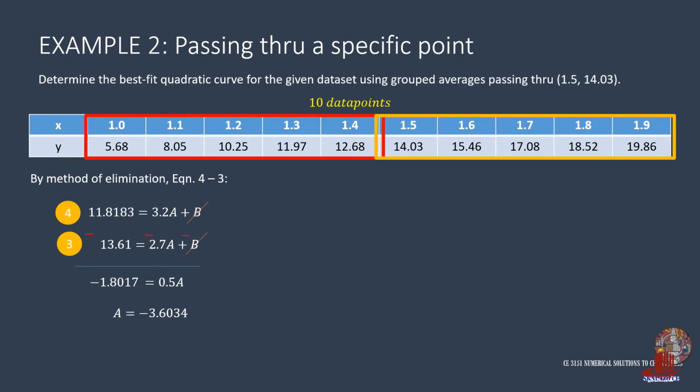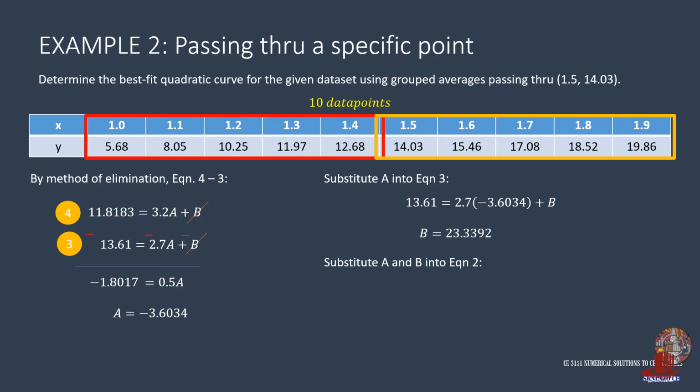3.6034. With a known, plug this into equation 3, which makes 13.61 equal to 2.7 times negative 3.6034 plus b. B is then solved as 23.3392.